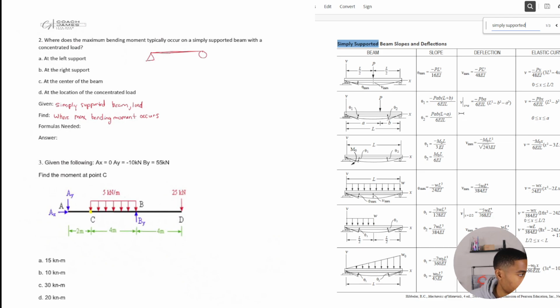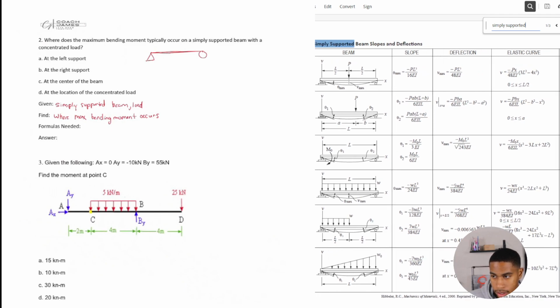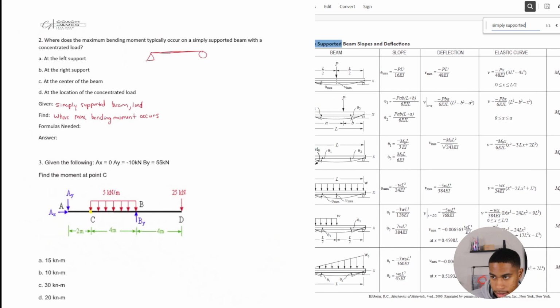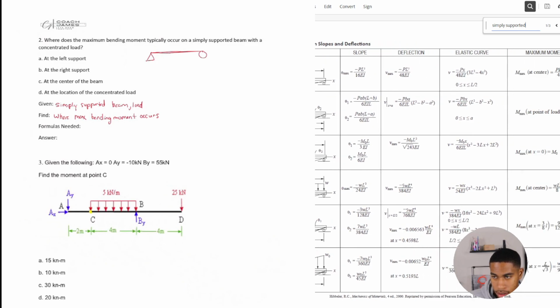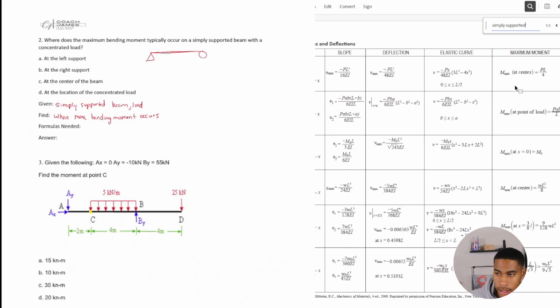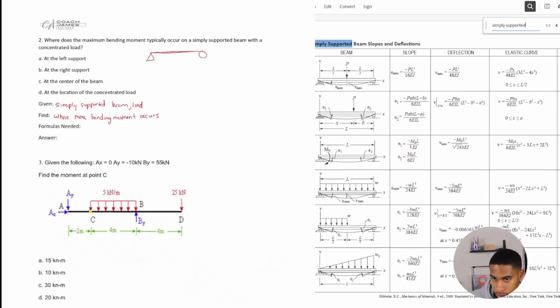Okay, the next thing we need to make note of is, where does the maximum moment happen? And in this table, it lets us know that the maximum moment for a concentrated load happens at the center. Okay, so our choices are at the left support. That would mean our max moment would happen at the left support, which technically would be here. So that's wrong.